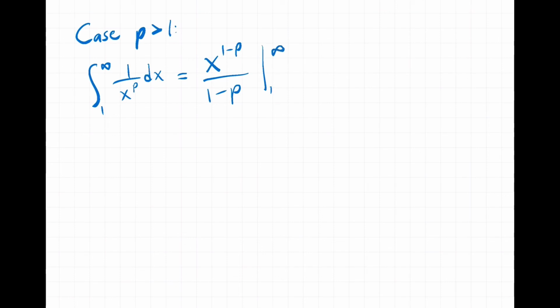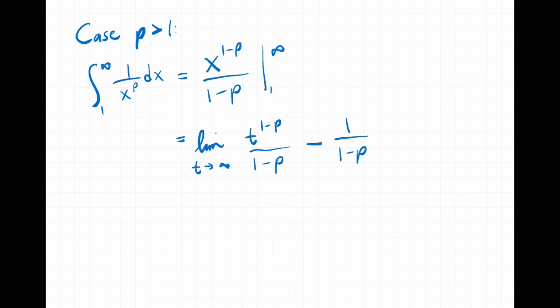Same as before. This integral gives us the same formula for the result any time that your p is not 1. And this is going to give us the limit as t goes to infinity of t to the 1 minus p over 1 minus p minus 1 over 1 minus p.